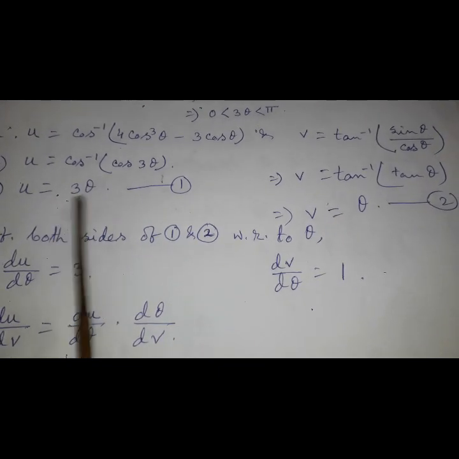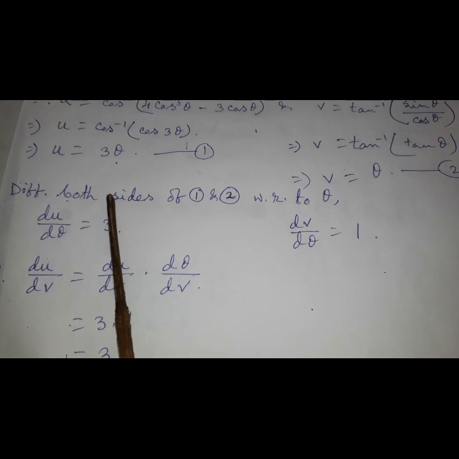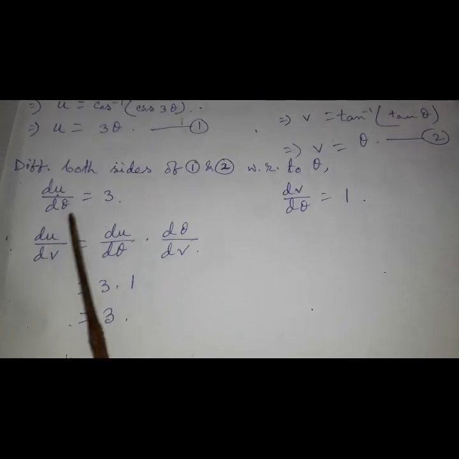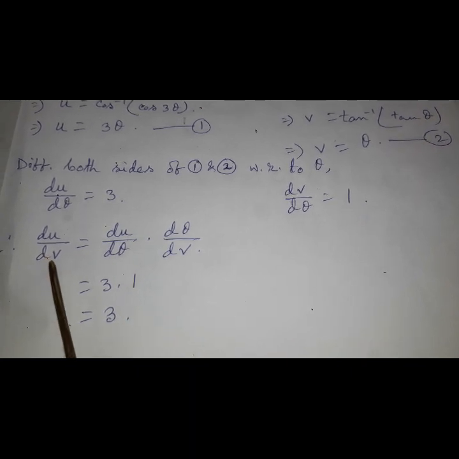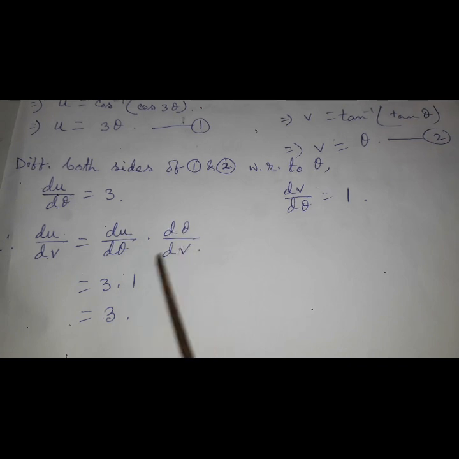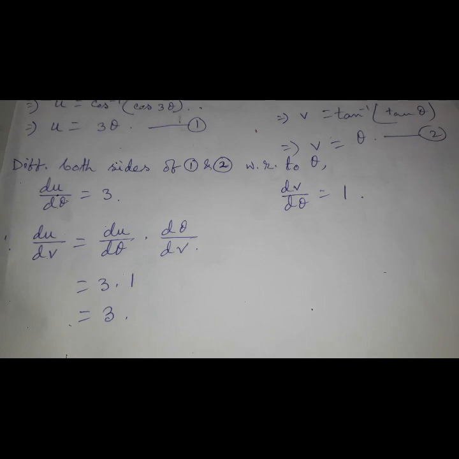So we will get u is equal to 3 theta. Now differentiating u and v with respect to theta, what we will get? du d theta is equal to 3, and dv d theta is equal to 1. So du dv is equal to du d theta into d theta dv, that is 3 into 1, which is equal to 3.